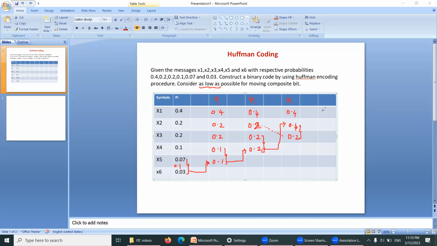It has the highest probability, so I place 0.6 here and this 0.4 here.